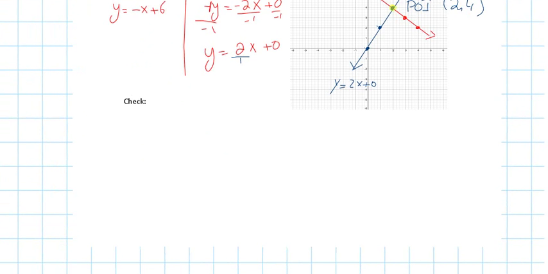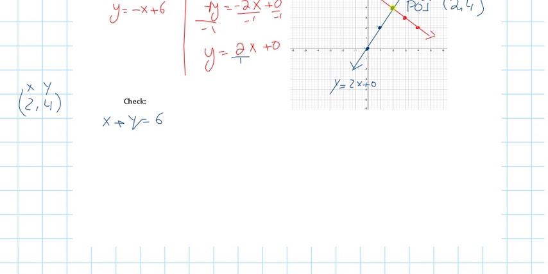Okay? So my first equation was x plus y equals 6. My point of intersection is 2, 4. 2 is the x, 4 is the y. You guys agree with that? So all I have to do is plug in 2 for the x, 4 for the y.